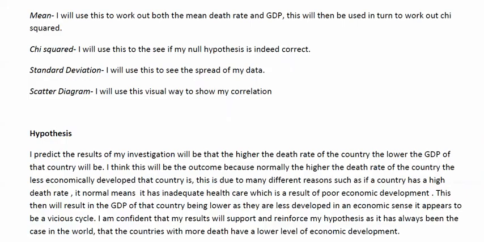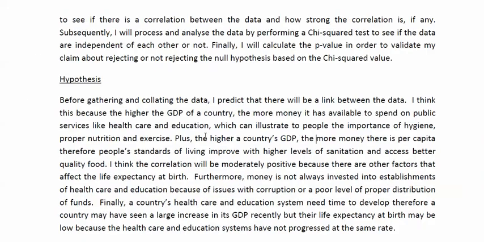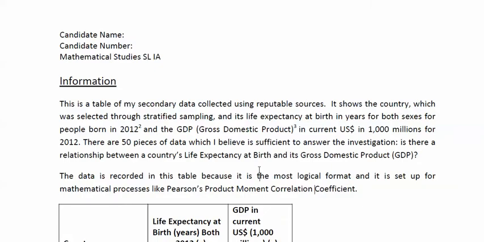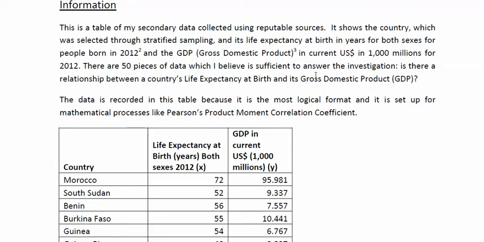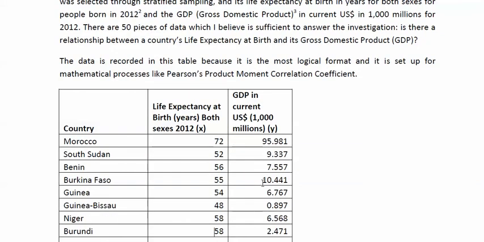Okay, going back to the better one. Okay, so this is the better example. This data is very clearly organized. Above here it's got a detailed explanation of what it means by GDP of a country and the life expectancy at birth, and it's organized in a way that it's done by continent.